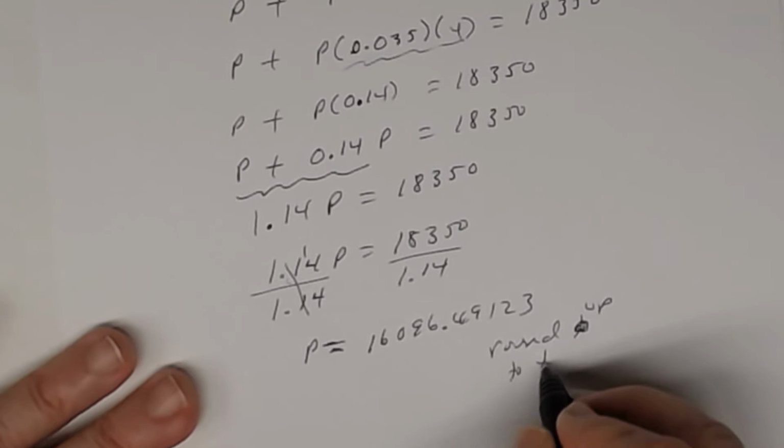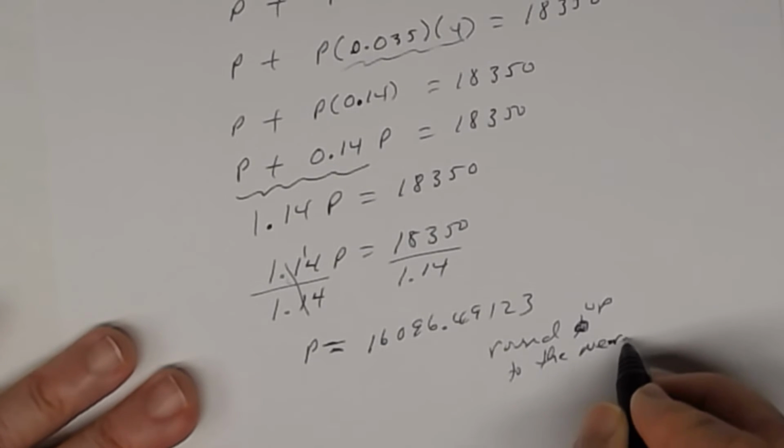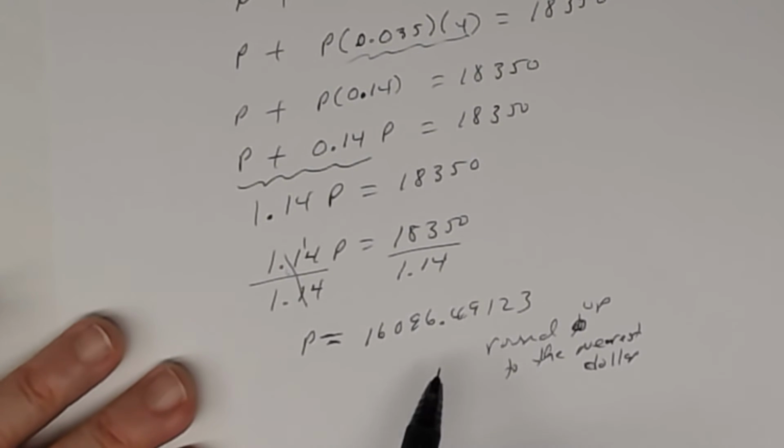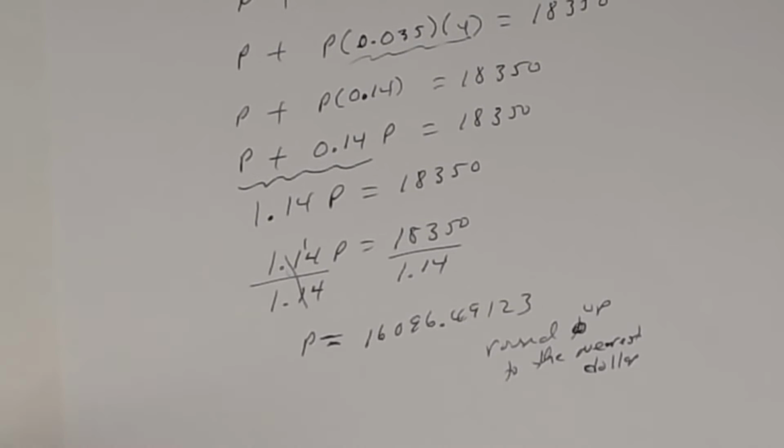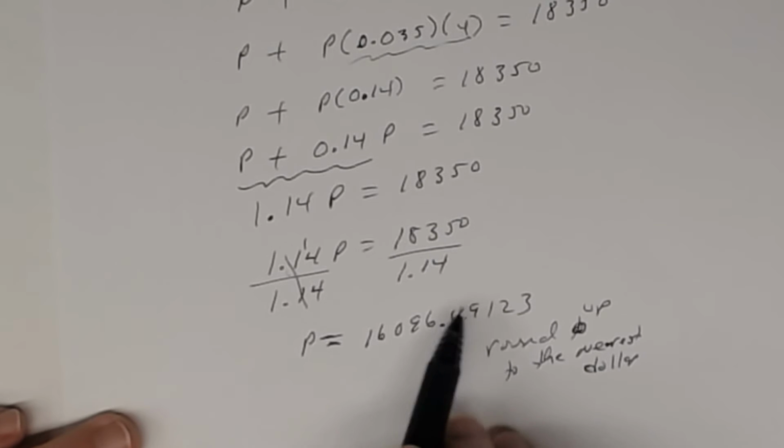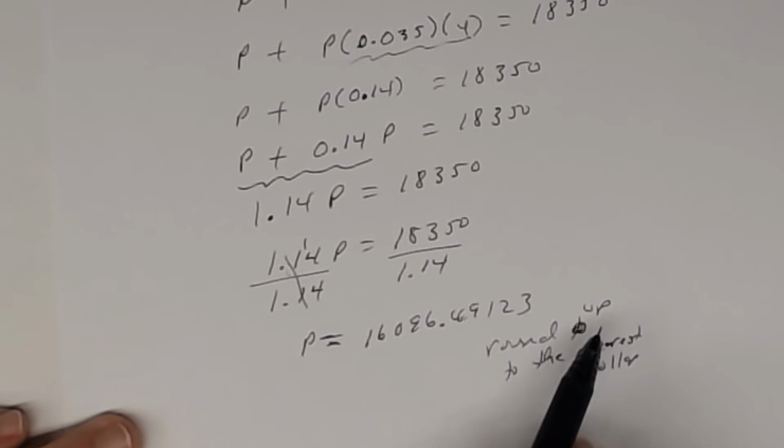Round up to the nearest dollar. So the best way to answer this question is to say to the nearest dollar. So it says round up, right? So we're going to round up. It's not round to. It's round up.